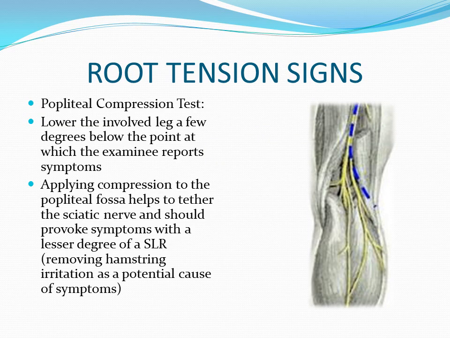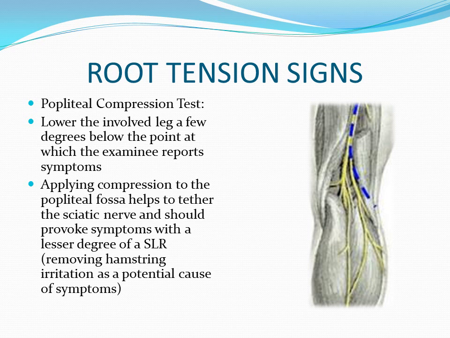So in order to help sort out some of the possible pain contributors, we have a variety of tests to help us. The first of which is the popliteal compression test. So the purpose of the popliteal compression test is to help us determine if indeed it is the lumbar spine nerve roots that is a source of pain, or is the pain coming perhaps from the facets or from some other structures?